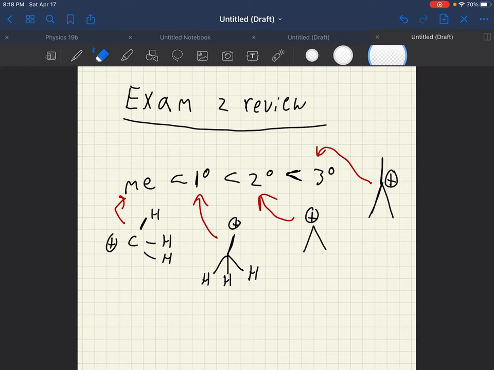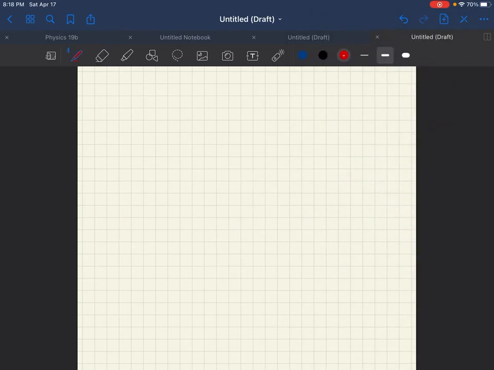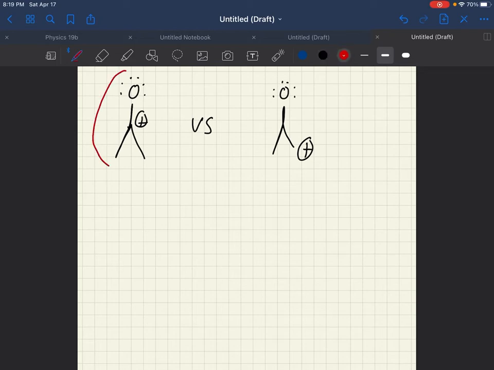So besides this, resonance also plays a role in stability, and also ring expansions. So for example, if we have a compound that looks like this, versus a compound that looks like this, this is the more stable carbocation, and that's due to the resonance that can occur right here.